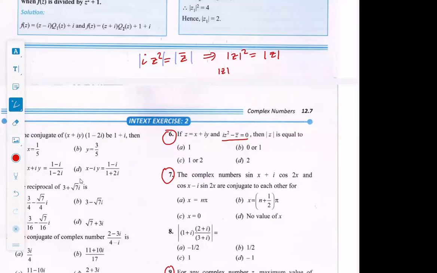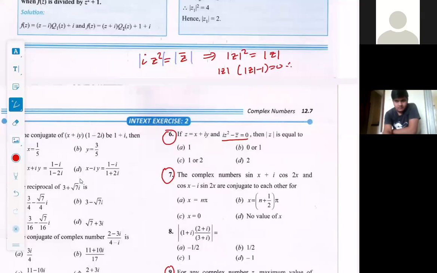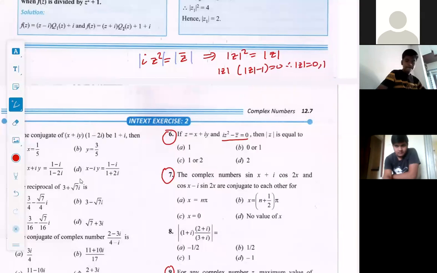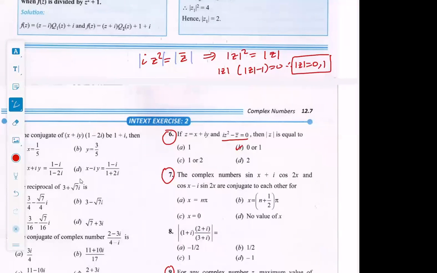So you can take mod z common. So it will become mod z into (mod z minus 1) is equal to 0. So either mod z is equal to 0 or mod z is 1. So B option is the correct option. Have you understood this solution?